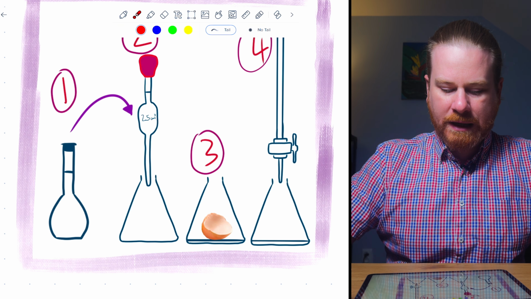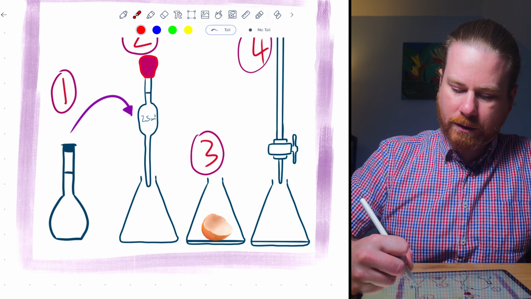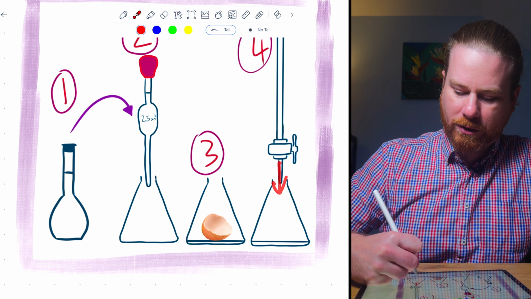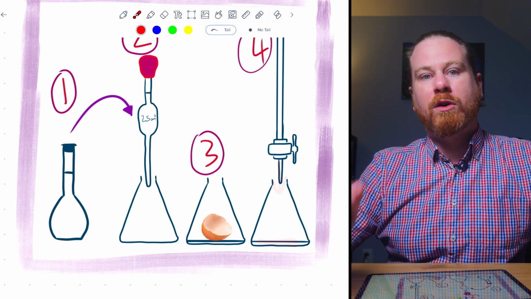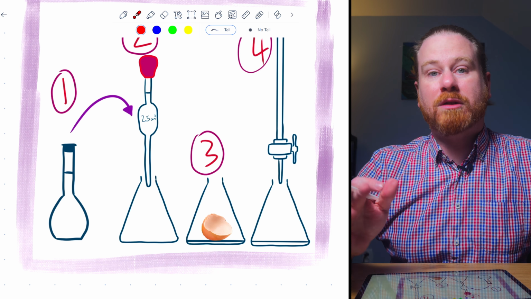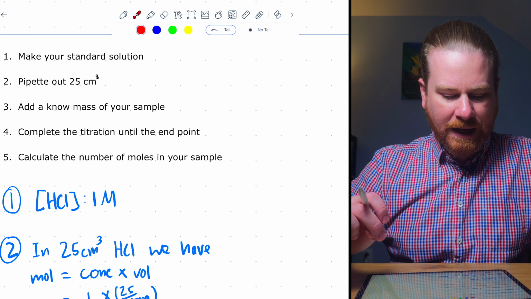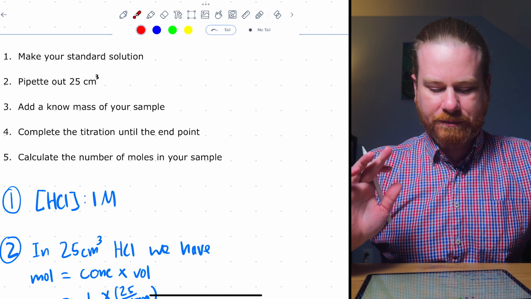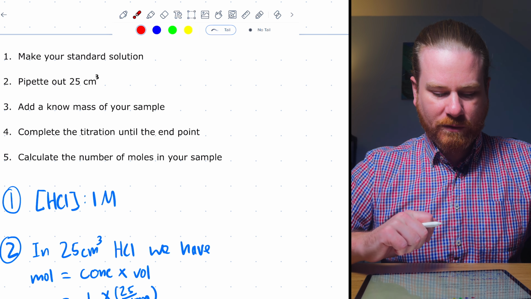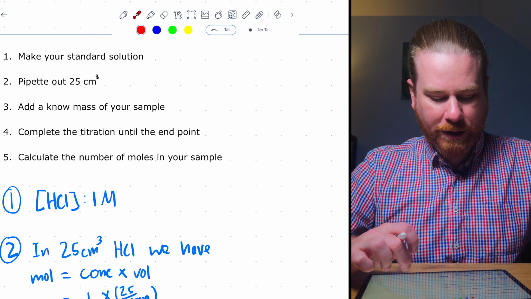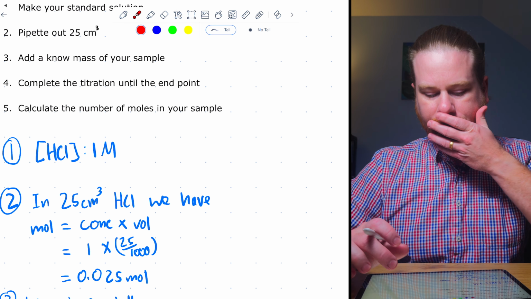We're going to have sodium hydroxide in here again, and the sodium hydroxide is going to be reacting with whatever hydrochloric acid has not reacted with the eggshell. And then the final step is to calculate the number of moles in your sample. This will probably make a bit more sense once we've looked at a real life example.